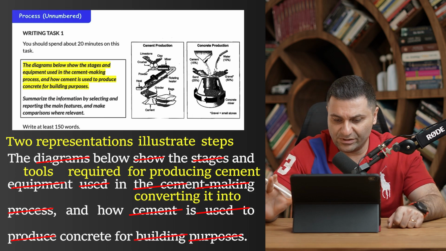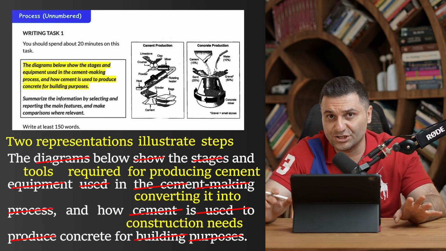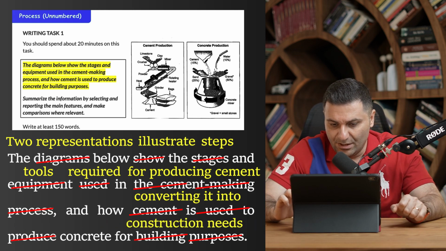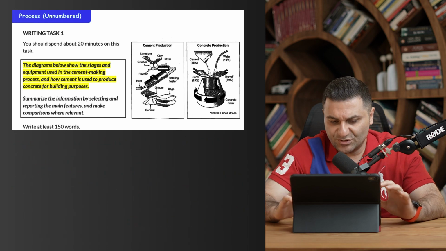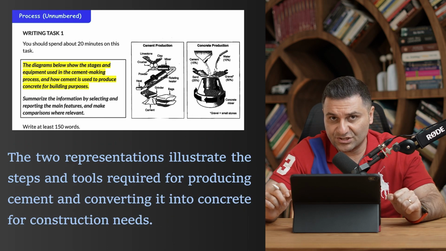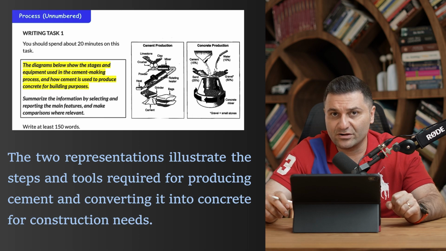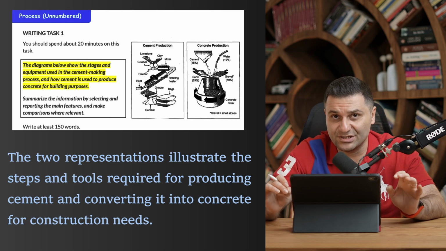So instead of building purposes, we can write construction needs. Construction needs. So our opening sentence will be this one. The two representations illustrate the steps and tools required for producing cement and converting it into concrete for construction needs.